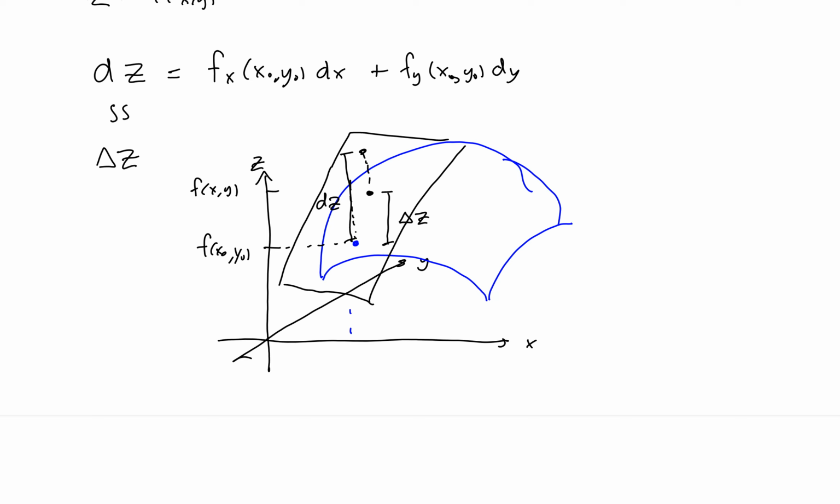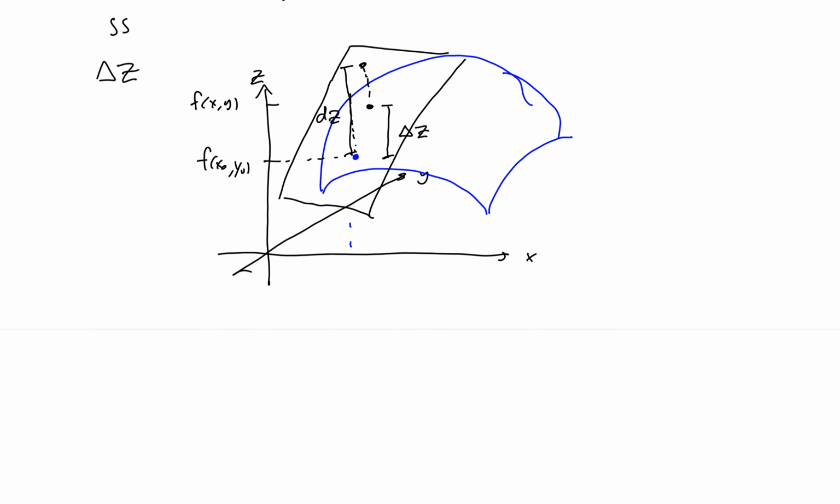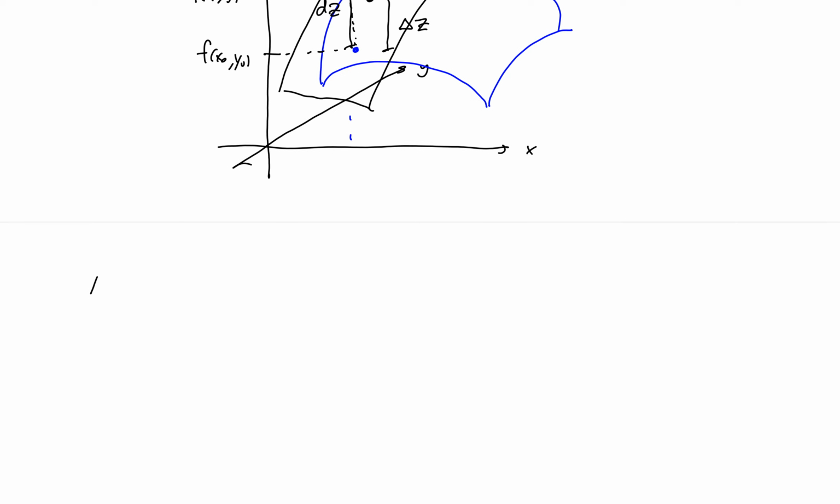So again, the flipped class video has a better picture of this to look at, but it's a similar idea to the differentials in the one variable case. So delta z is the exact change in z, and dz is the approximate change.